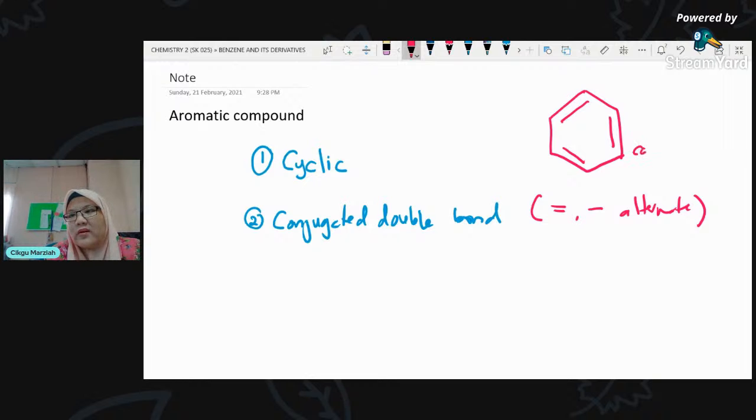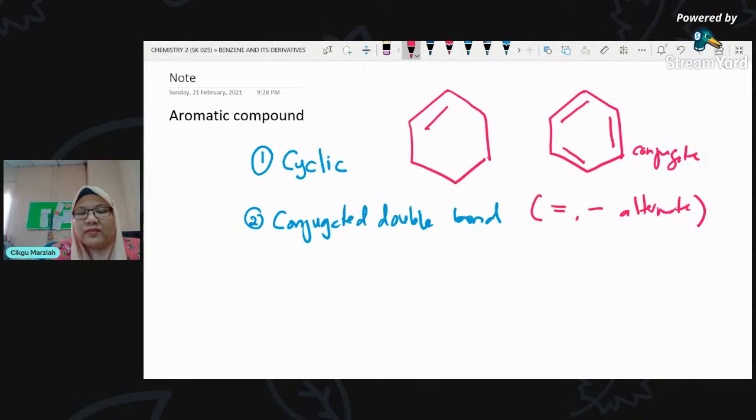So this is what we call a conjugate. Tapi kalau kita ada cyclic 6, but we only have 2 double bond, this is not considered as conjugated double bond. Because satu lagi ni dia tak ada. Kat sini tak ada. Kat sini tak ada. Okay. That is the second rules.